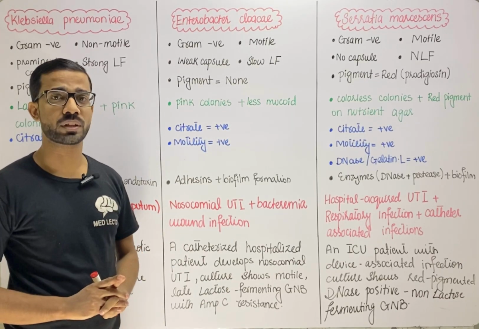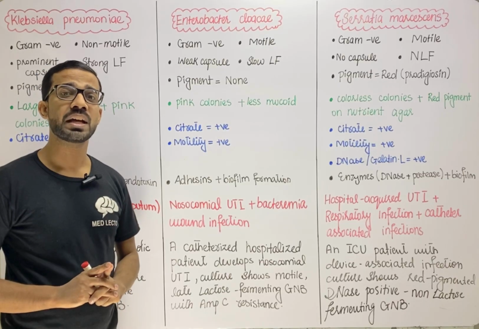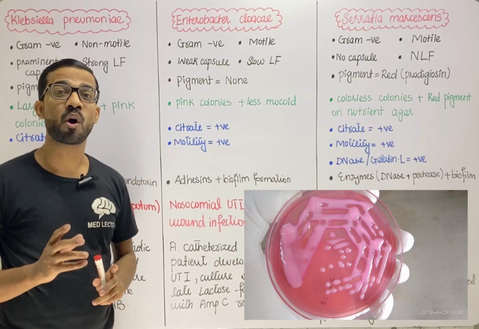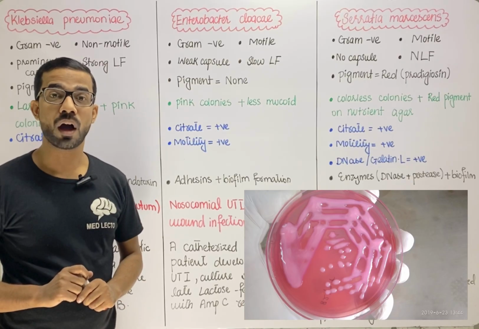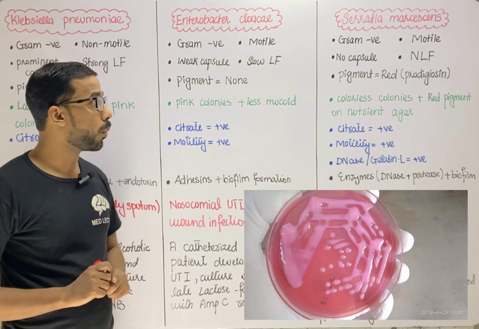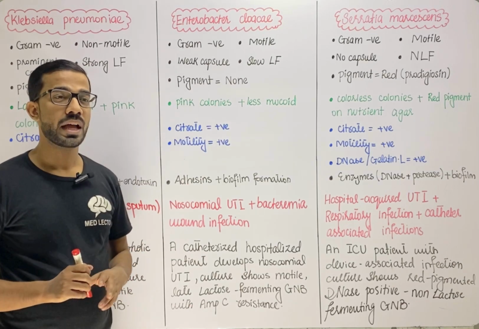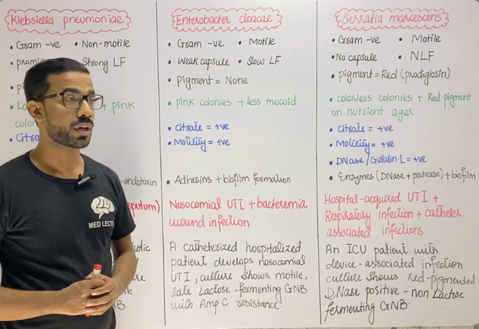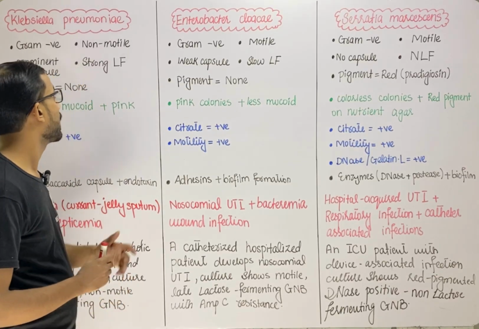Because KP has a prominent capsule, it will produce mucoid colonies on the MacConkey agar, while Serratia will not produce such mucoid colonies on the MacConkey agar.